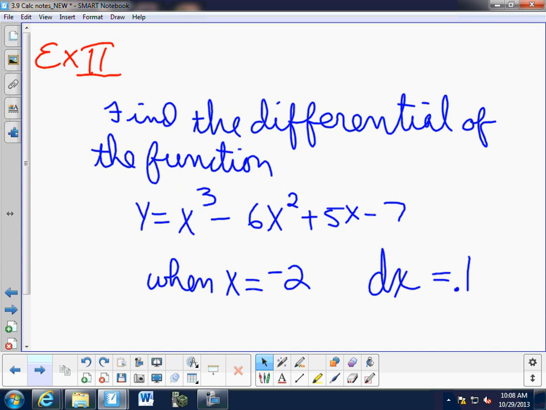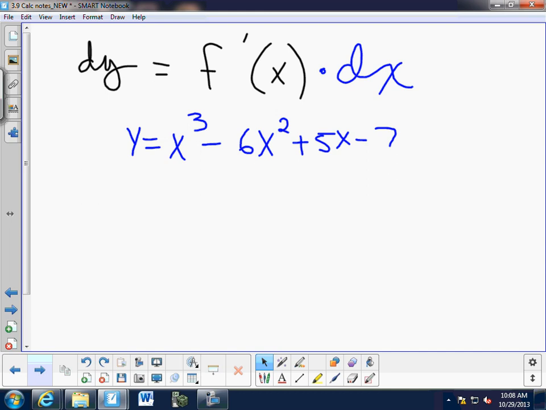All right, one more last example. The differential of the function, the dy, is what you're looking for. That's what it would set up as.